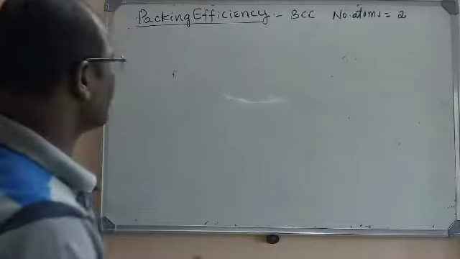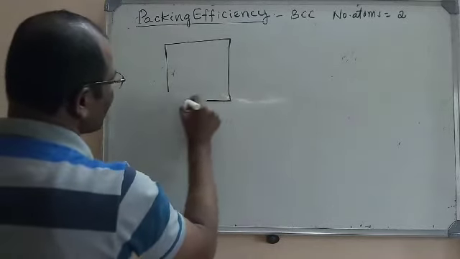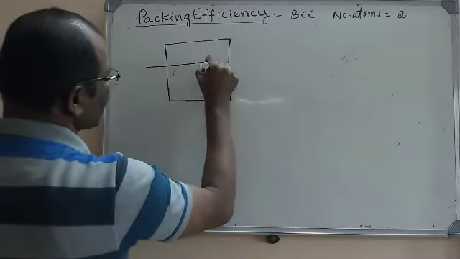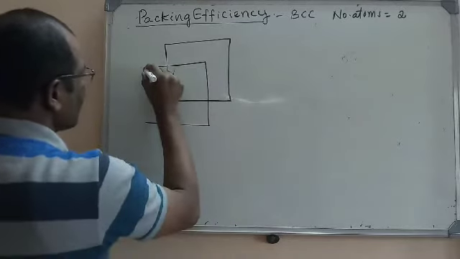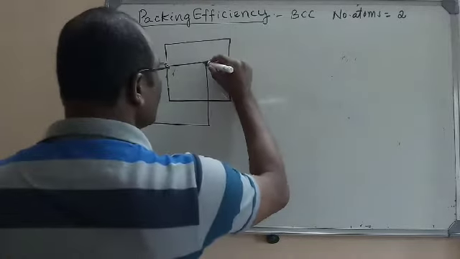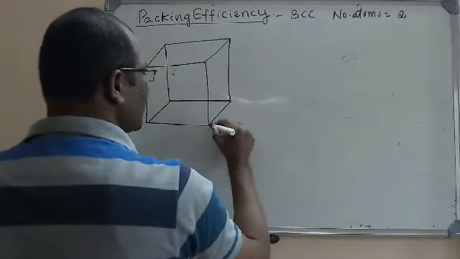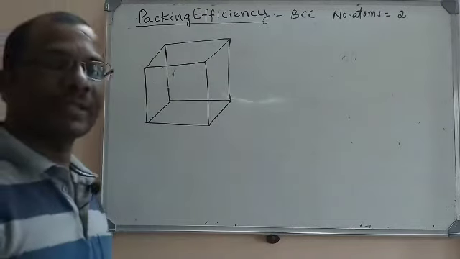Let me draw it. But here, as I said, we don't need to draw all the atoms present in the BCC unit cell. For our calculation, we will take any 2 points at 2 opposite corners and one at the center of the body.